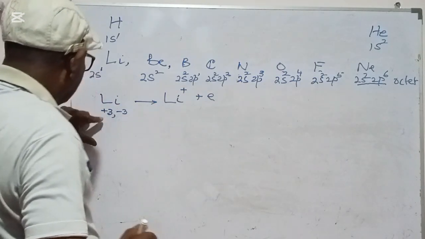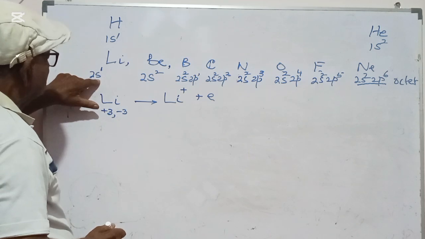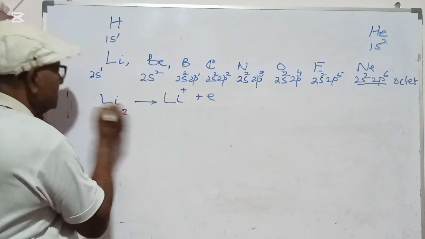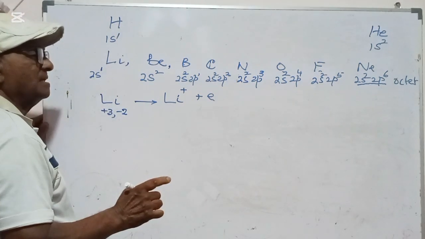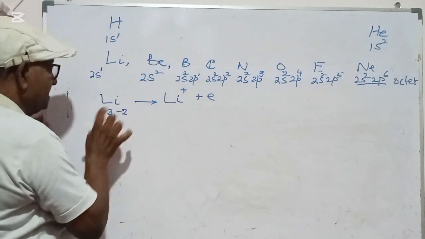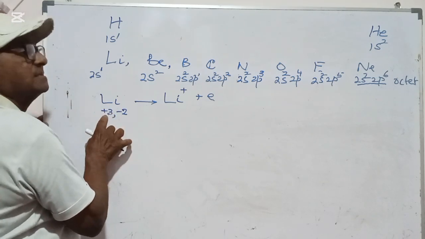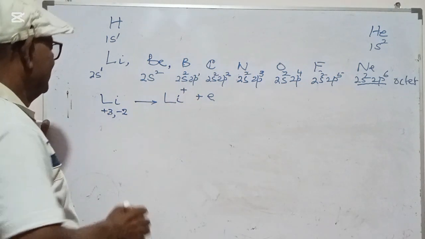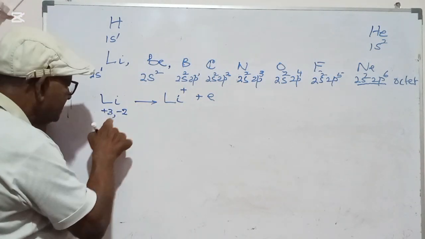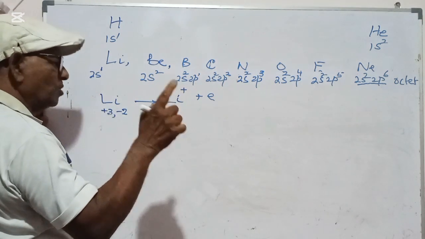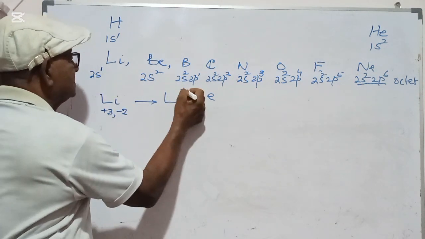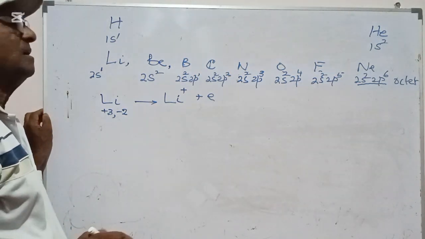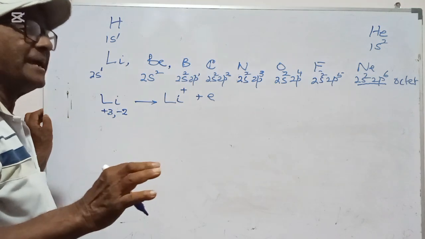Therefore, when that 2s1 electron is removed, it has only 2 electrons, 2 negative charges, but it has 3 positive charges from the 3 protons. So it has 1 excess proton, so it has a positive charge. Right? This is the method of formation of Li+ from the Li atom.